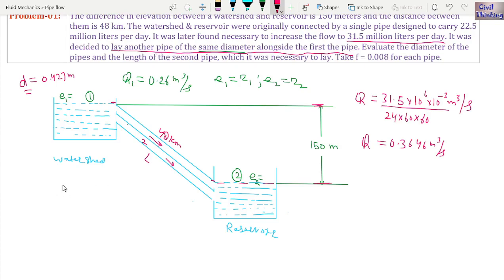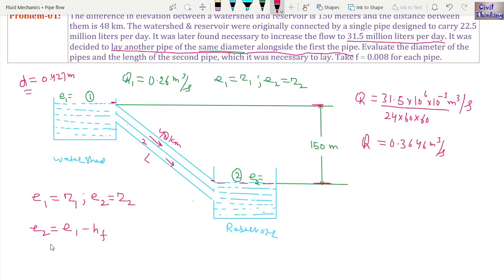Now we know initially energy at 1 is Z1, as we know from before. Energy at 2 is Z2, right? Now according to the total energy equation, energy at 2 is equal to energy at 1 minus head loss due to friction, right?